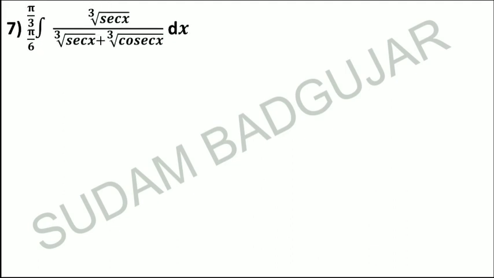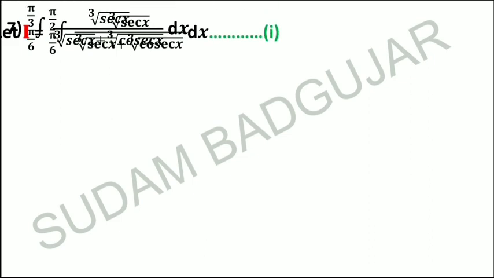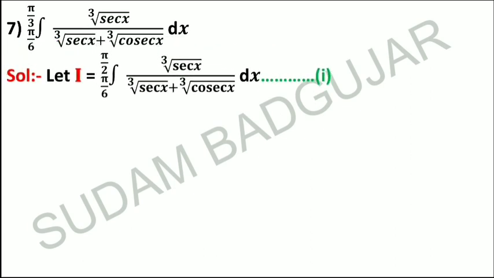Now the next part. See question number 7, where the lower limit is not 0, so it is a to b. By property 5, integration of cube root of sec x upon cube root of sec x plus cube root of cosec x dx from pi by 6 to pi by 3. Let I be equal to the given integration, by the traditional method. What is property number 5?